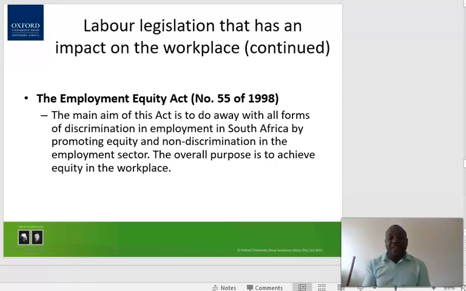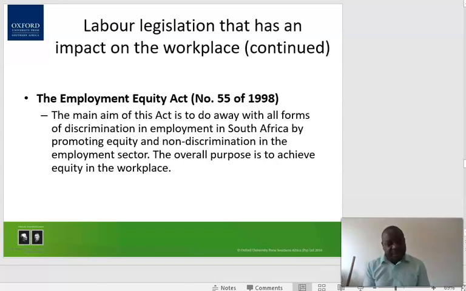We also have the Employment Equity Act, of which the main aim is to do away with all forms of discrimination in employment in the Republic by promoting equity and non-discrimination in the employment sector. The overall purpose is to achieve equity in the workplace.